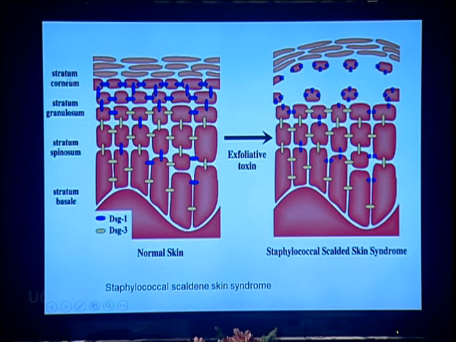This is the stratum corneum, this is the stratum granulosum, then the stratum spinosum and the stratum basale. Whenever the bacterial colonization is here, the protein linkage in between the skin cells will be degraded by the bacteria. So these particular skin cells present in the stratum corneum will come out as scales. So that is why it is called the Staphylococcal scalded skin syndrome. And it is brought about by the action of this particular exfoliative toxin.